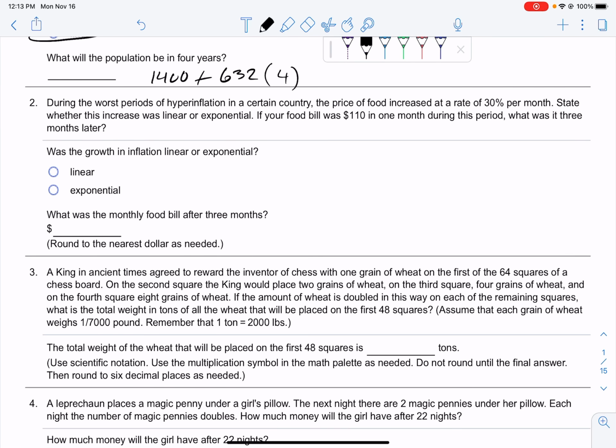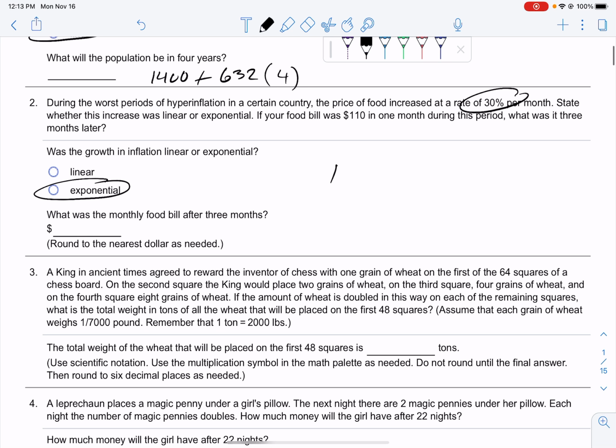Number two, during the worst periods of hyperinflation, the price of food increased at a rate of 30% per month. State, because it's going up by a percent, that is exponential growth. And then it wants us to say what the food bill will be 3 months later. So if your food bill was $110 in 1 month, wow, you eat super cheap.